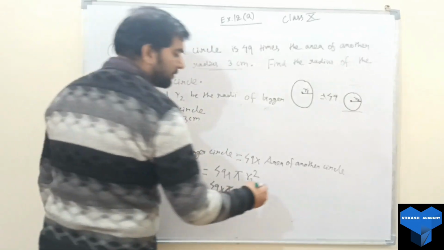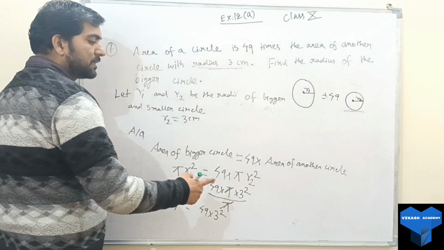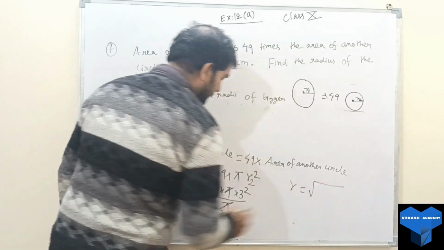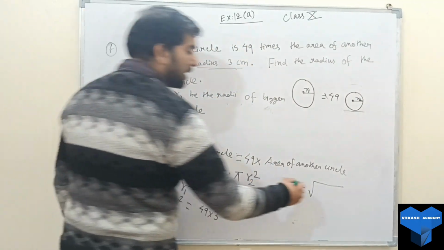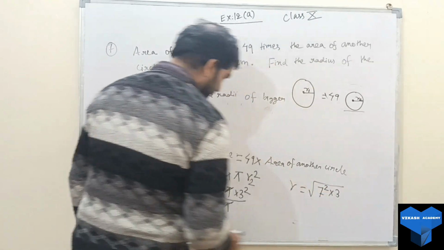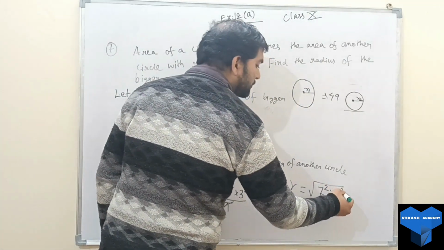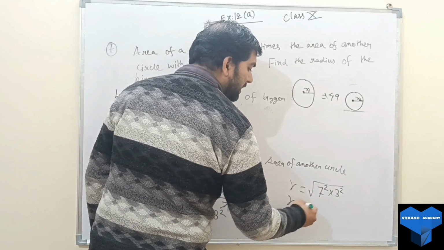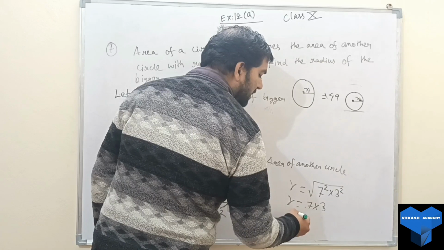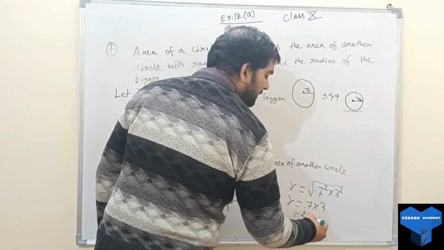So next step, taking the square to the other side, r1 is equal to root over 49 into 3 square. I can write 7 square into 3 square. These two numbers are in pairs, so I can take them out of the root. It will be 7 into 3, 7 threes are 21 centimeter.